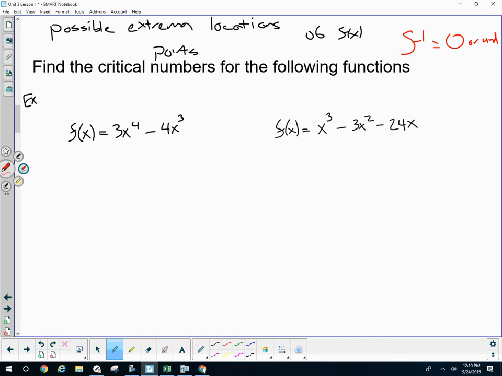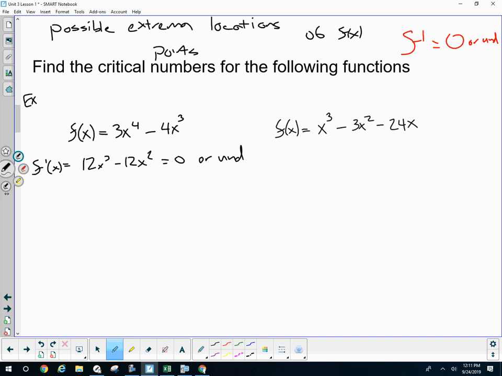Something we've already done, but now we're going to see why we are doing it, because they're very possibly interesting points on our function. And we want to understand our functions better using calculus. So all you need to do, using your knowledge of derivative rules, is find the tangent slope generator, set it equal to 0, but also don't neglect to see when it's undefined.